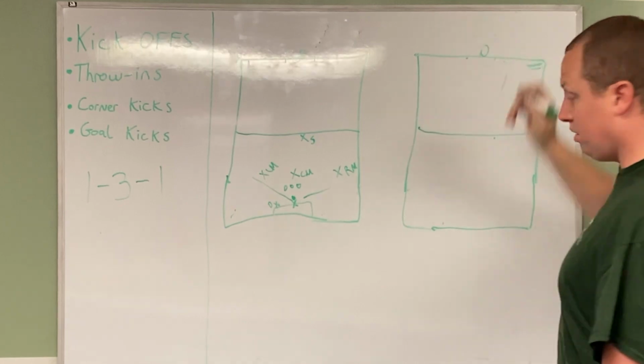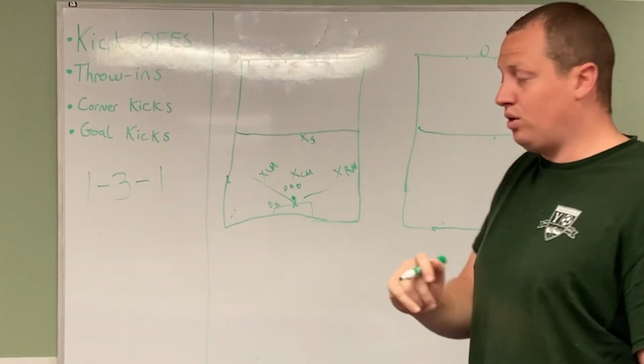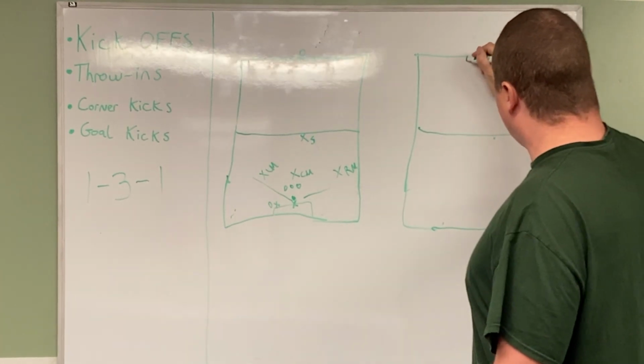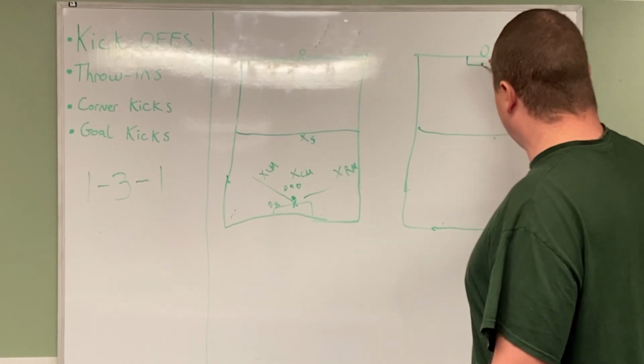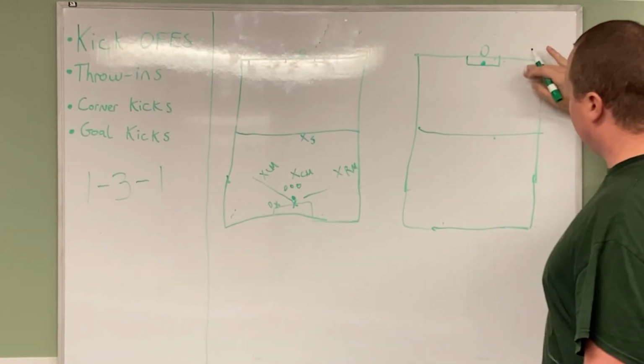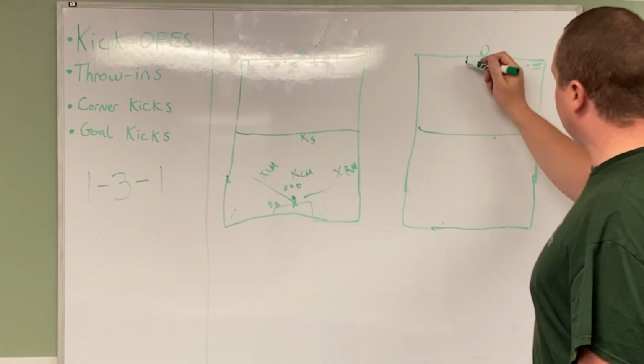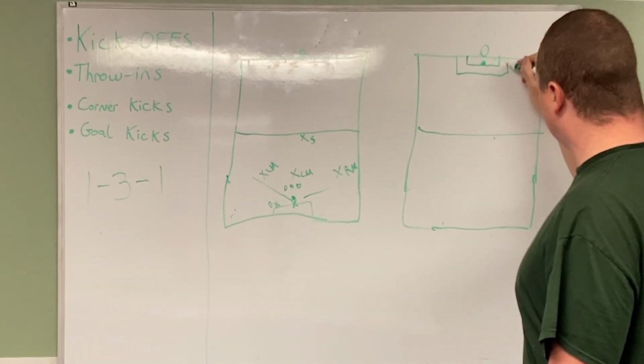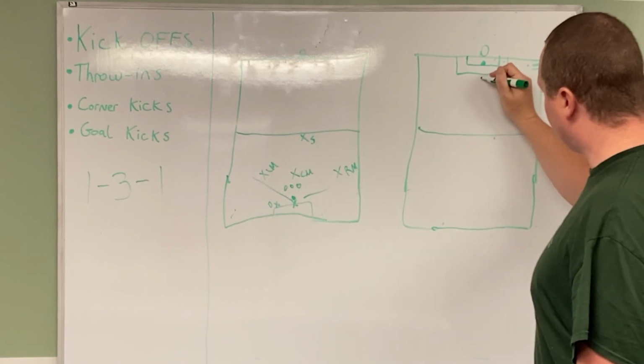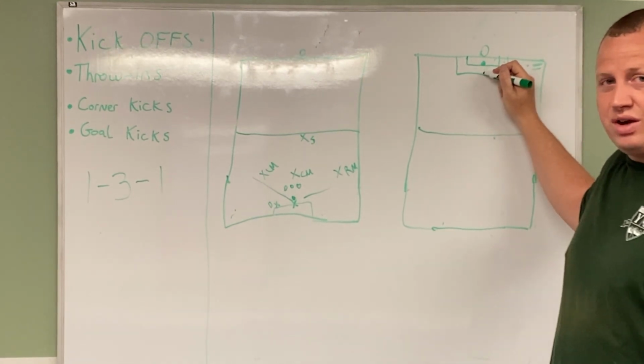All right, so when the other team has the goal kick, let's put the goal box here. The other team has the goal kick. This is very, very simple, okay? Here's the big box, right there. We cannot go in the big box until after it's kicked.